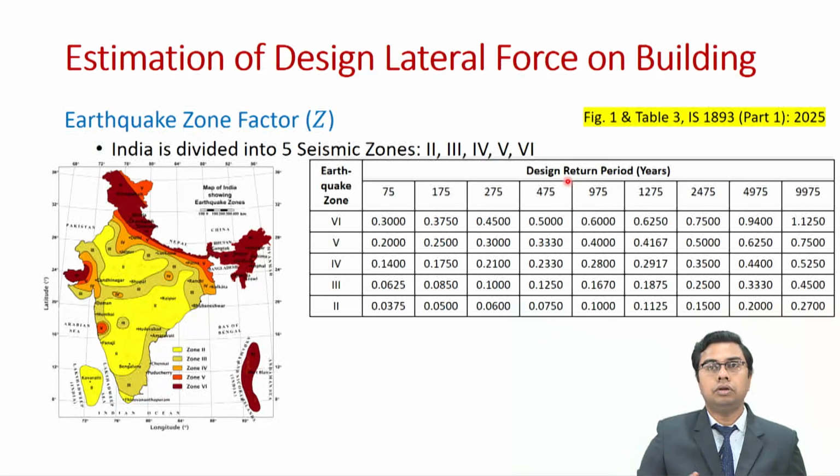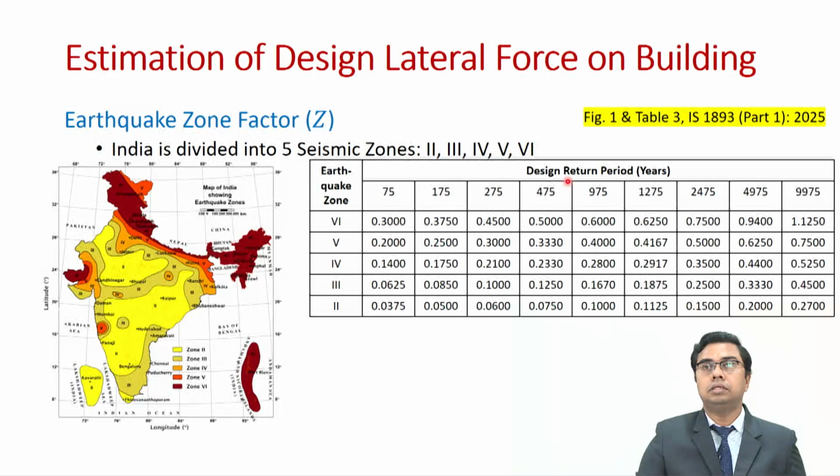Okay, so the earthquake zone factor depends on design return period as well. So if you have a building which is critical and it's supposed to be operational even in the aftermath of an earthquake, let's say there is a hospital building, we need to have it functional even after the earthquake to treat people who are injured.